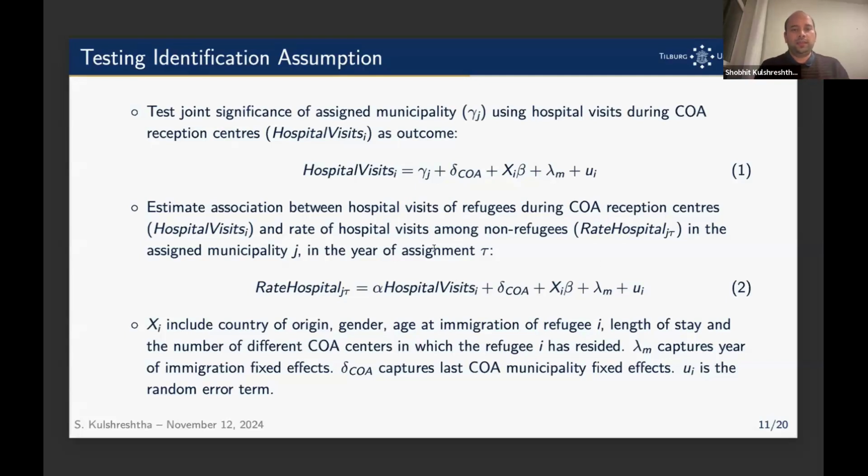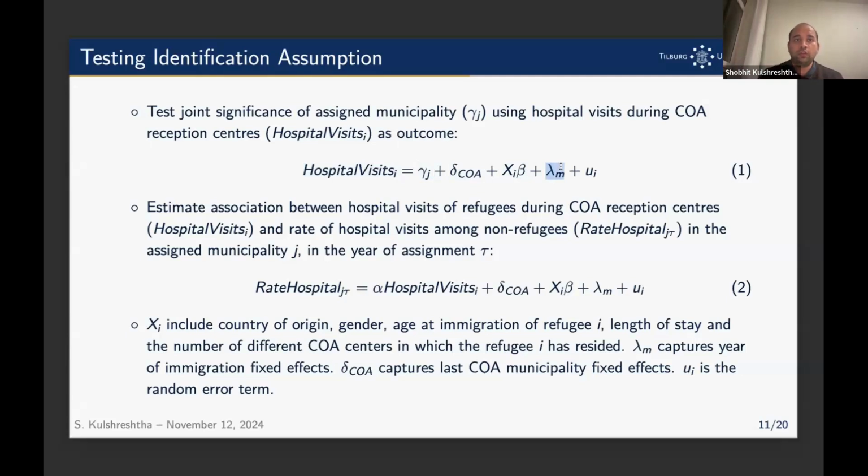So I use the hospital visits pre-assignment as the outcome variable, and regress it on the destination municipality dummies. I control for the municipality where they are coming from, their age, gender, and other demographics, and also the year of immigration.